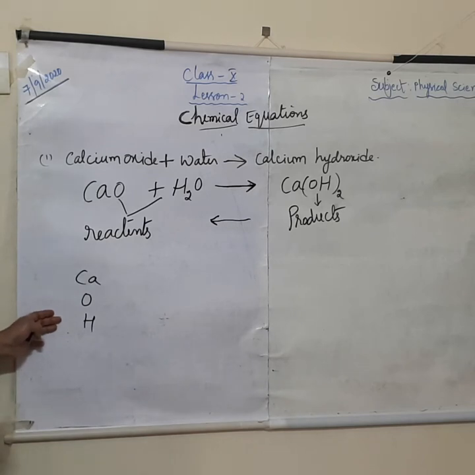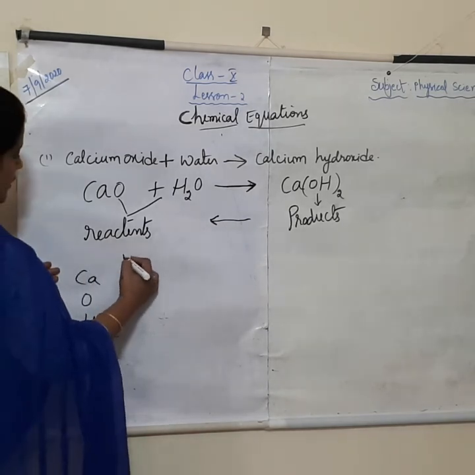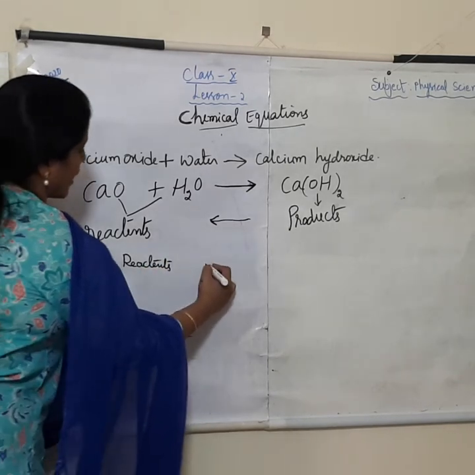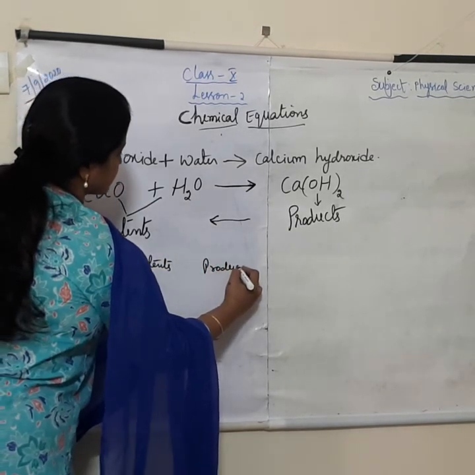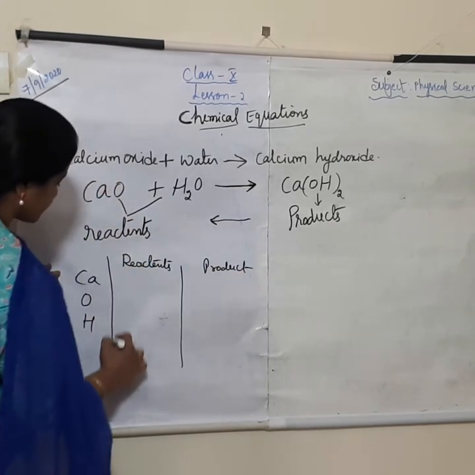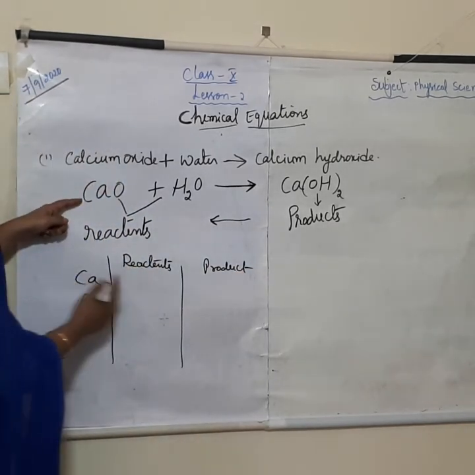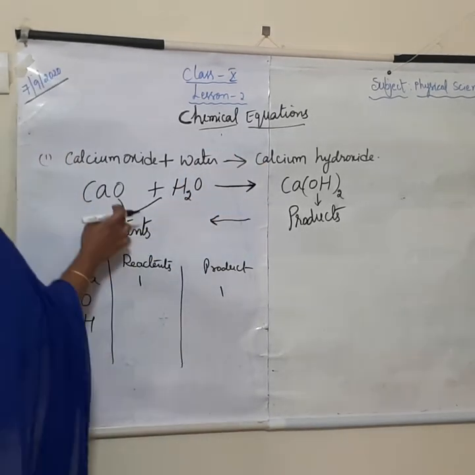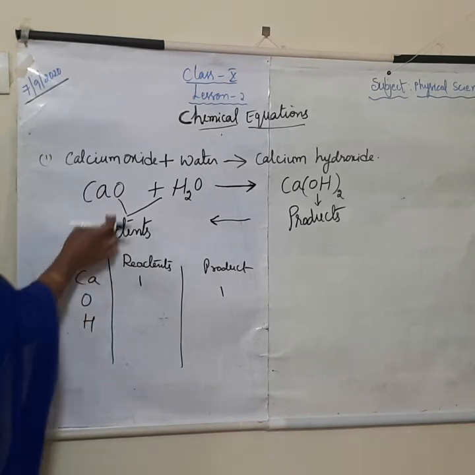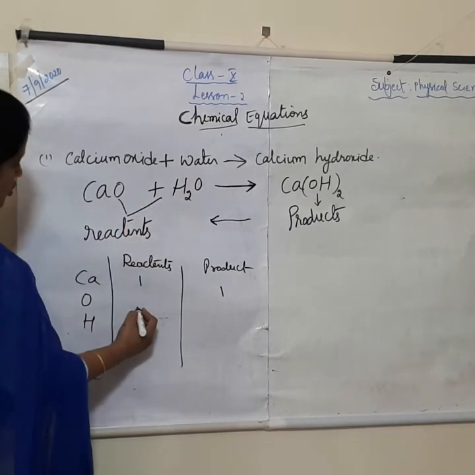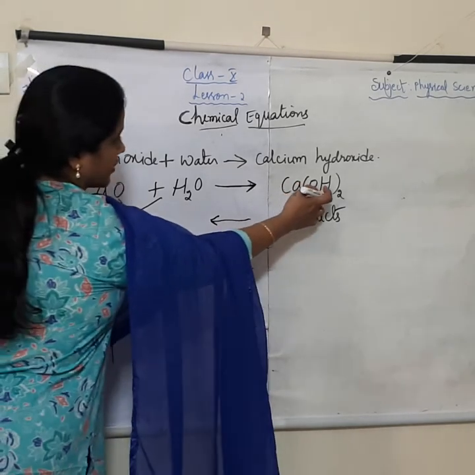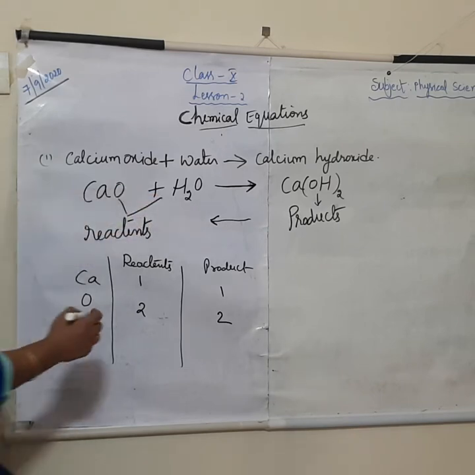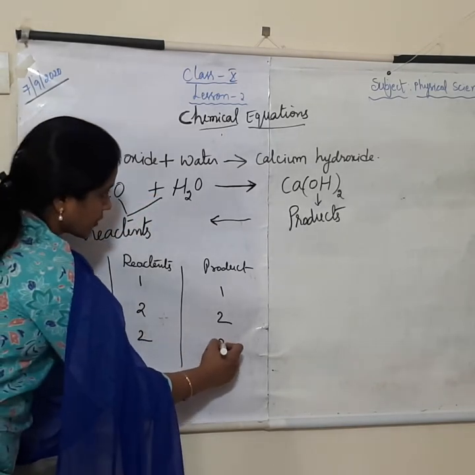Just observe the reactant side and the product side. Calcium on the reactant side: 1 is there, and on the right side, 1 is there. Oxygen on the reactant side: 1 and here 1, so 2 are there, and on the product side also 2 are there. Coming to hydrogen, 2 are there, and on the product side also 2.